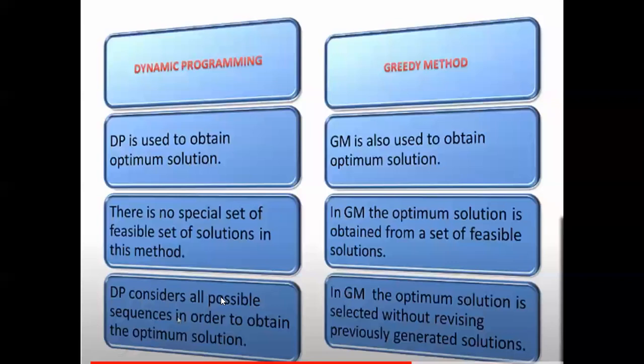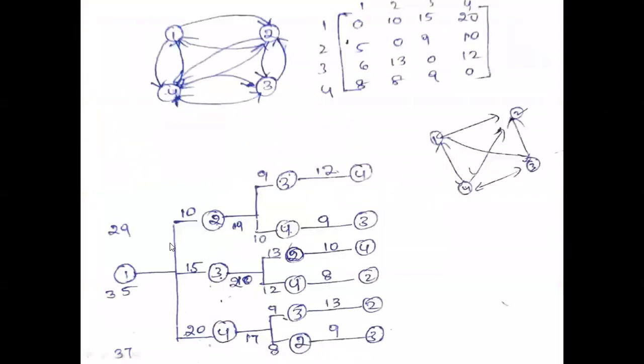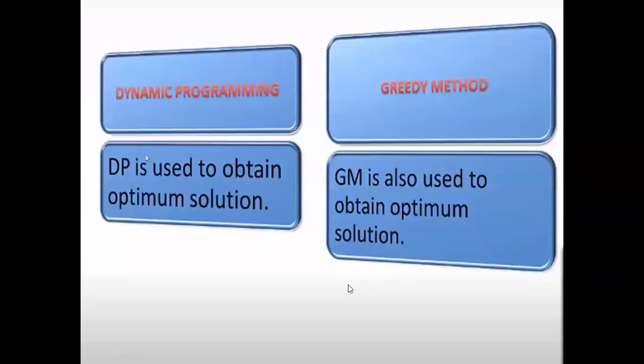In dynamic programming, you must consider all the sequences of decisions. Suppose in the previous example, there are totally 6 possible decision sequences; you must consider all of them in dynamic programming. But in the greedy method, you consider only one decision sequence.